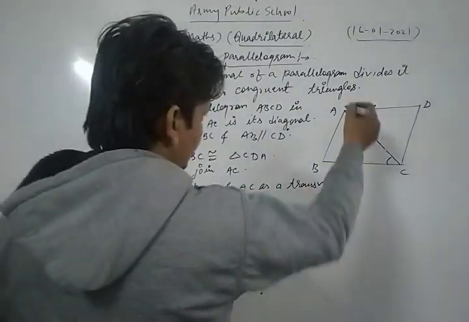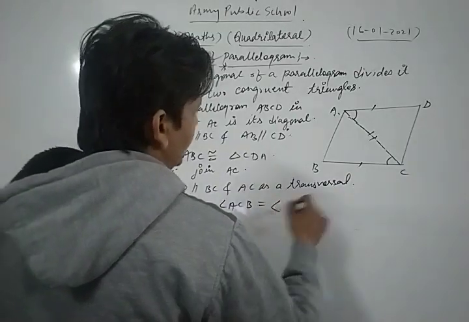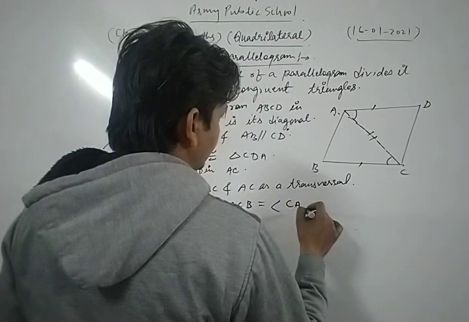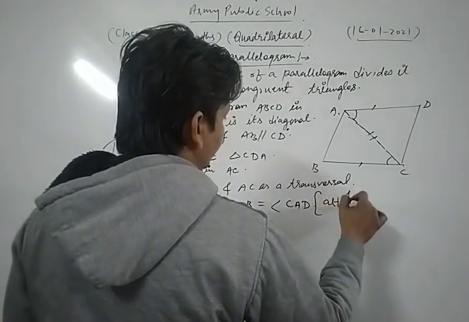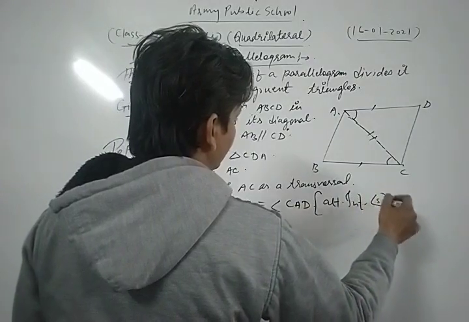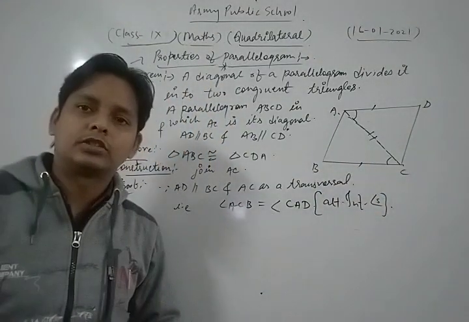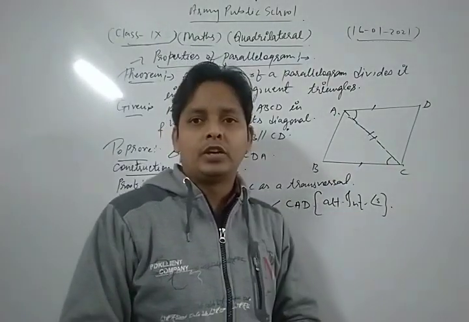So in this way angle ACB is the same as angle CAD. These are the alternate interior angles. If two parallel lines are cut by the transversal, then the alternate interior angles are equal to each other.